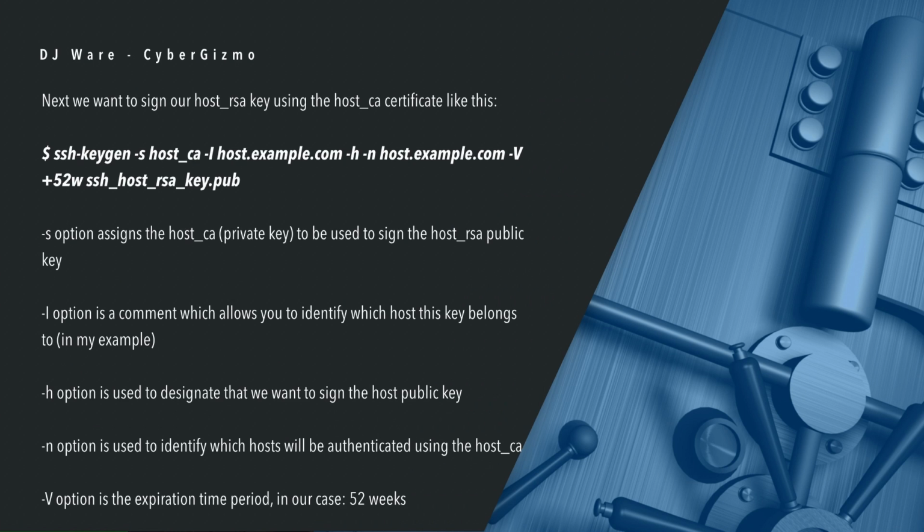To do that, I run ssh-keygen again. This time I pass it a -s and give it the name of the private key for the host CA. -I, I'm giving it the host name that it goes with, but that's just a comment that gets put in the key. Then a -h, that designates this as a host key, not a user key, and that's required.